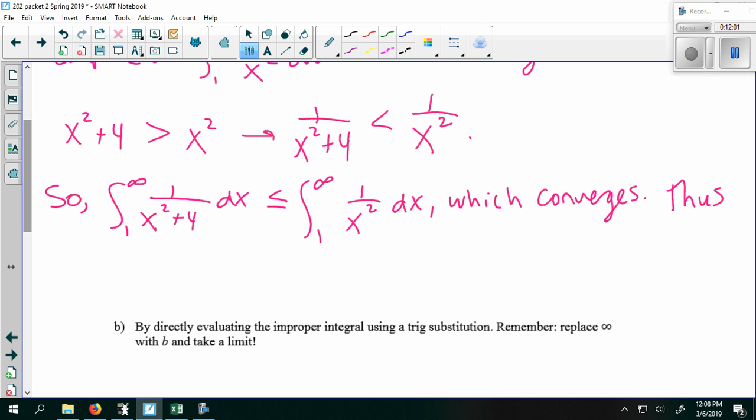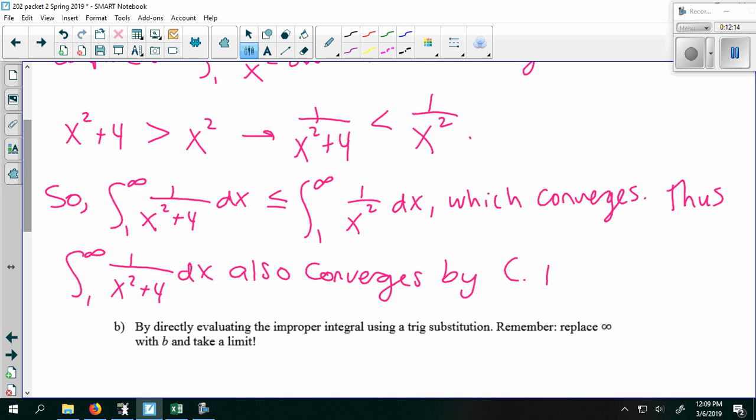Thus, the integral from 1 to infinity of 1 over x squared plus 4 dx also converges by the comparison test. All right, we're going to do this a second way. We're going to evaluate the improper integral directly using a trig substitution.